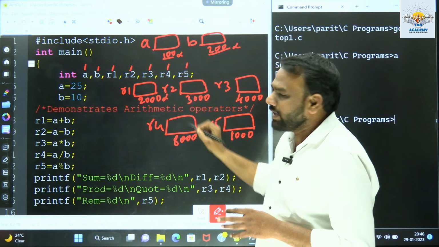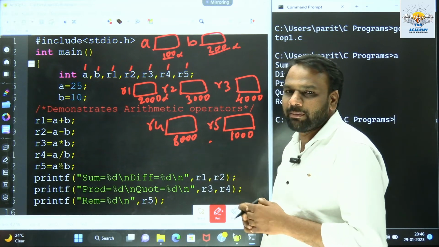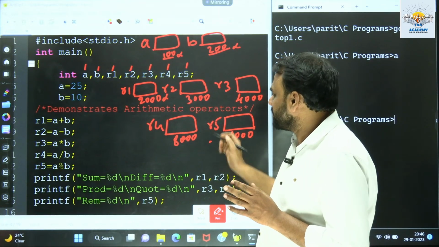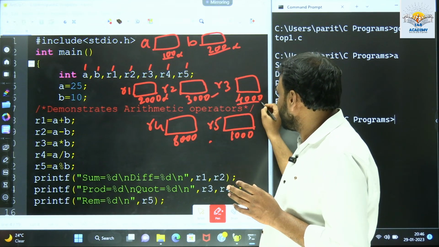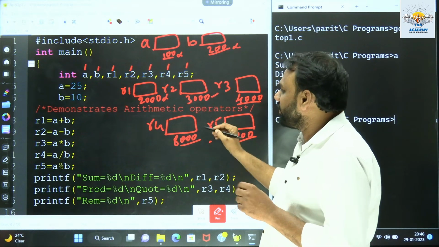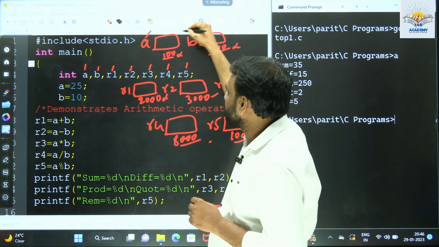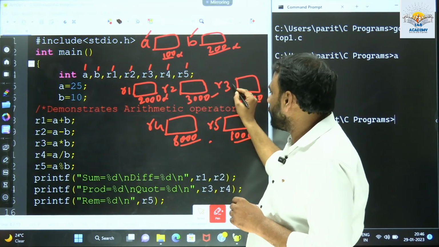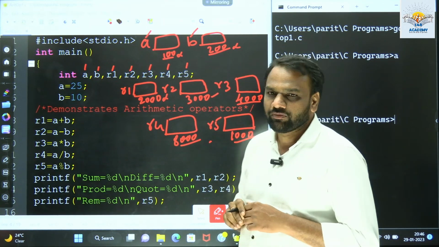But what we need to understand is, whenever the computer allocates memory, that memory will have an address. Presently we are not much worried about these addresses. We are only worried about the names of these memory blocks: A, B, R1, R2, R3, R4, R5.